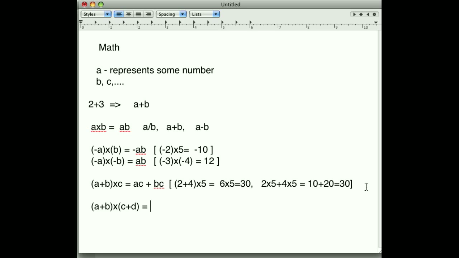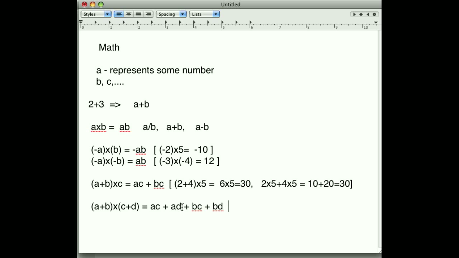And we'll have 4 additions here, because first we do A times C plus A times D, and then we do plus B times C plus B times D. So we're sort of breaking it into twice this kind of multiplication. So the result will be AC plus AD plus BC plus BD.